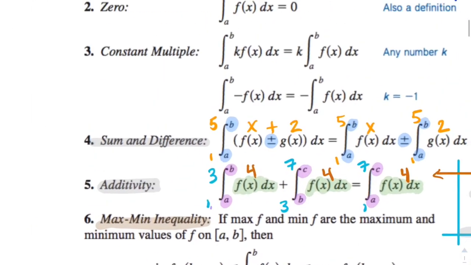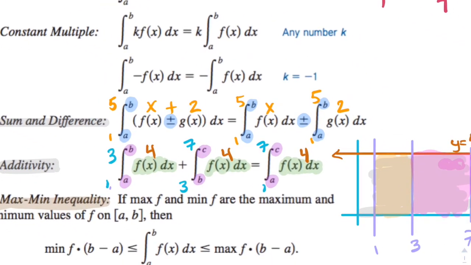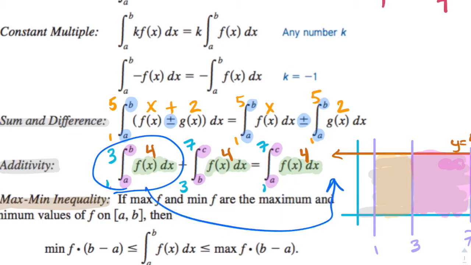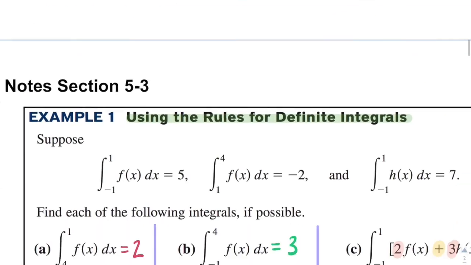Just like above, if I were to have 1 to 3 and 3 to 7 equals 1 to 7, then 1 to 7 minus 1 to 3 would give the 3 to 7 part. You're just manipulating the additive property. Don't think too crazy about it. Just think about it as if it was a number line. What legally would make sense? And what legally can you do?